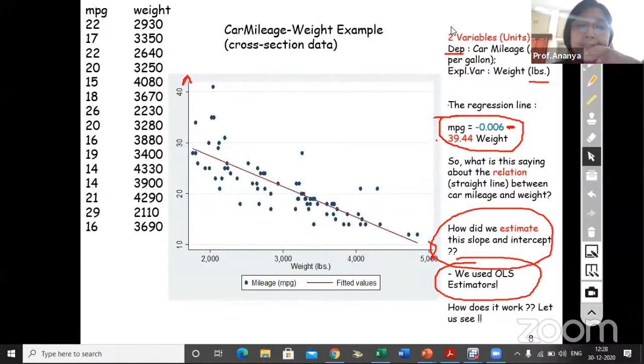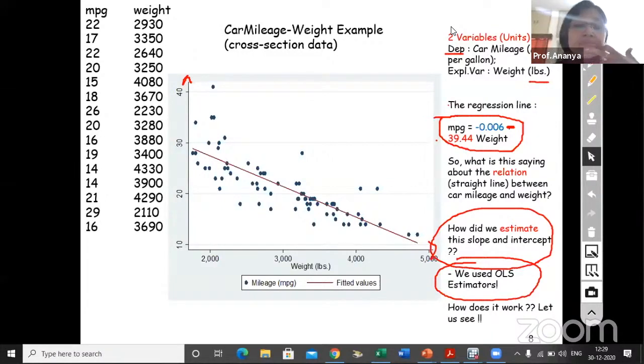So it is measuring the direction of the relation between the two, and you're also able to estimate the marginal effect. That is one way in which regression gives you an addition over correlation. You're able to estimate the marginal effect of x on y. How much does y change for a small change in x?